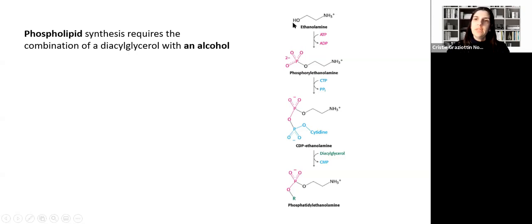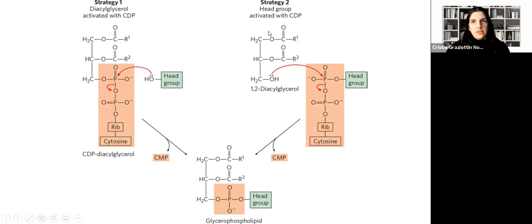Here we have ethanolamine as an example of an alcohol that is going to be activated through the reaction with ATP and CTP, leading to the production of the activated alcohol CDP-ethanolamine. CDP-ethanolamine reacts with diacylglycerol, leading to the production of phosphatidylethanolamine. Here is just a different representation of what I just said: strategy 1, when we have diacylglycerol activated with CDP, and in the other case, the head group activated with CDP, leading to the production of glycerophospholipid.